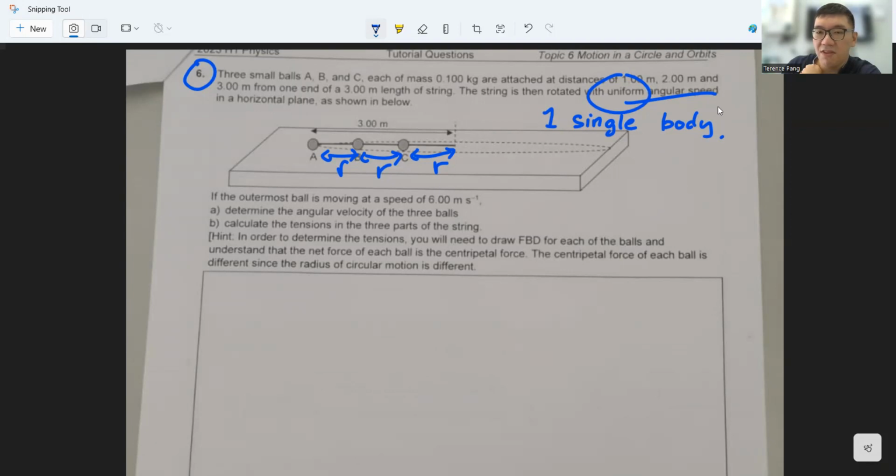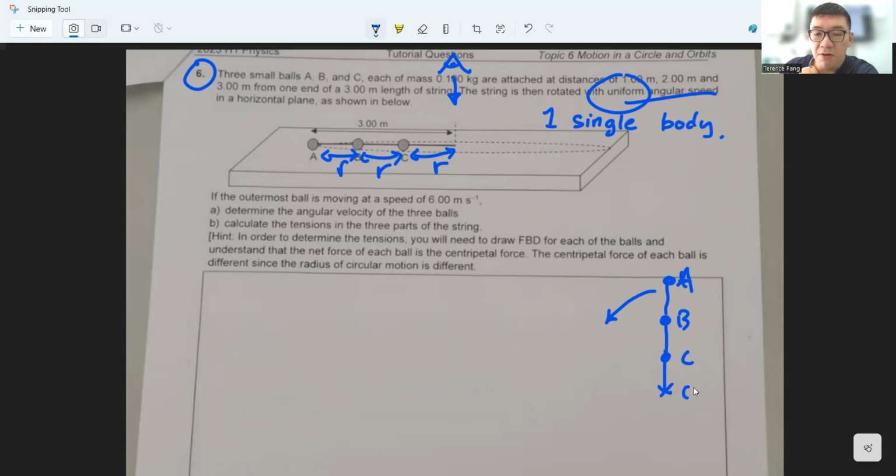So with this, let's say you are looking at the top view. Your eye is here, your beautiful eye, looking downwards. You should be seeing something that looks like this: A, B, C, moving around in a circle.